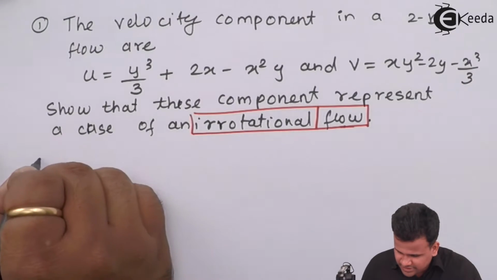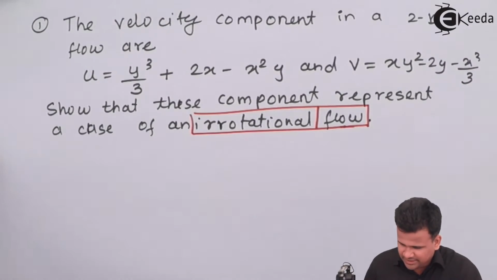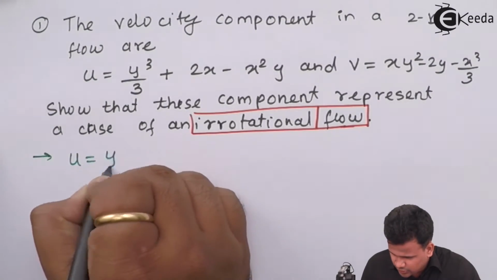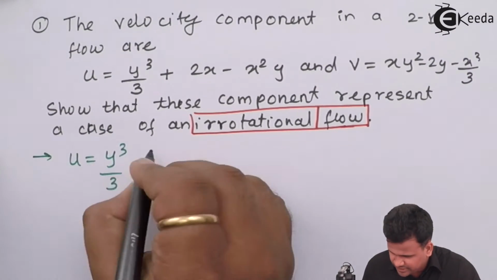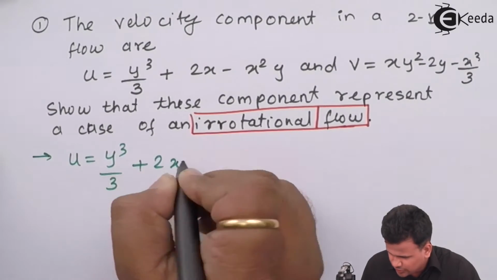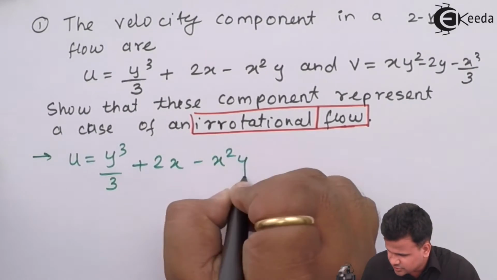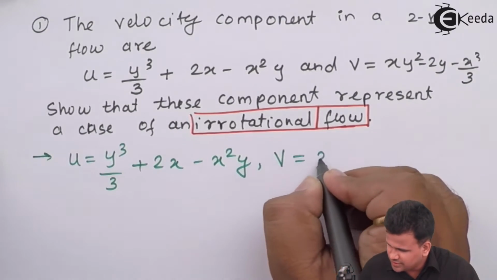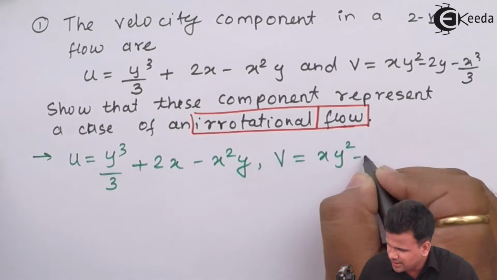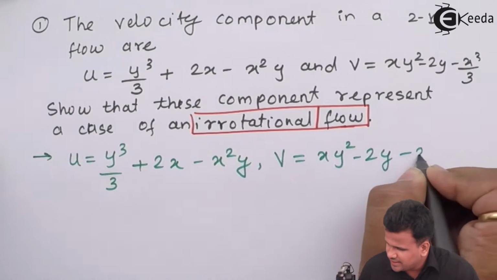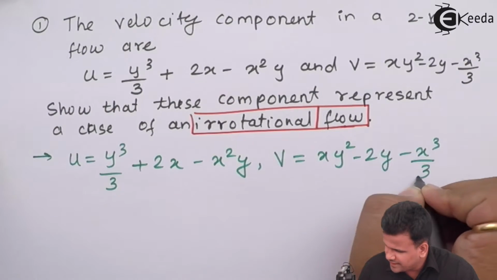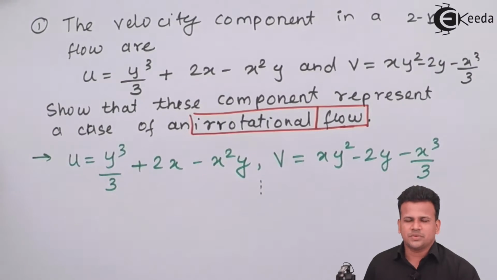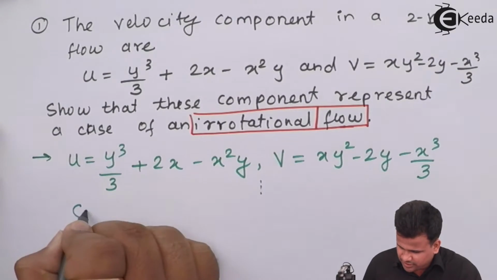What is given to you is u equals y cube by 3 plus 2x minus x square y, and v equals xy square minus 2y minus x cube by 3. So we have to apply the continuity equation. So what is the continuity equation?